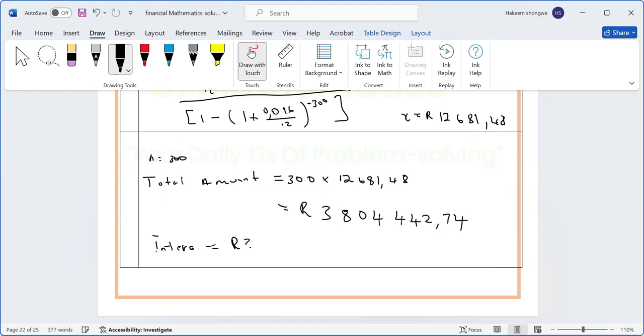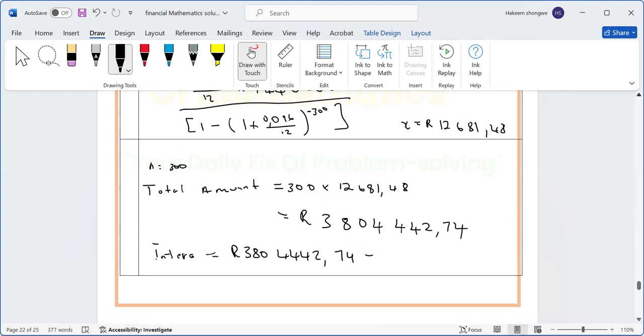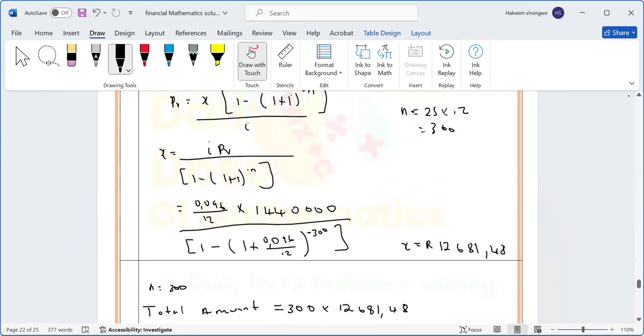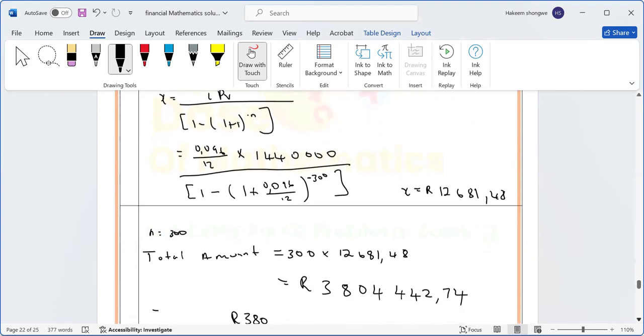It's 3,804,442.74 minus the money that we actually borrowed. We don't use 1.8, we use 1.44 million, because we didn't borrow 1.8 million.